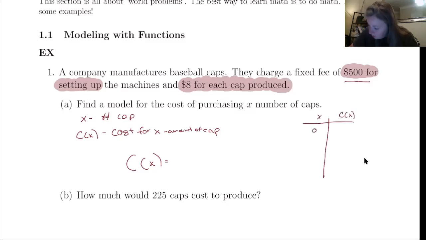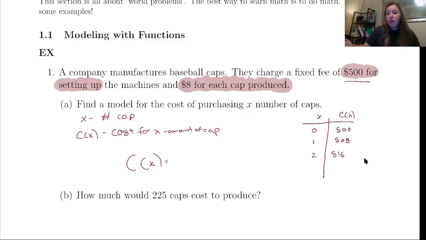So if I make 0 hats, I'm definitely going to pay that 500. If I make 1, I'm still going to pay that 500 and then another $8, so I'd have 508. For 2 caps, I would have to pay 2 times 8, 16, plus that 500, so I get 516.